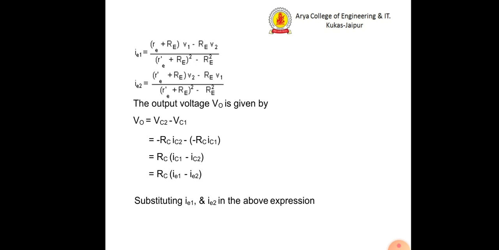Substituting the values of currents into this, we have considered the value of the collector current to be almost equal to the value of the emitter current. So in place of IC1, IE1 has been substituted, and in place of IC2, IE2 has been substituted.